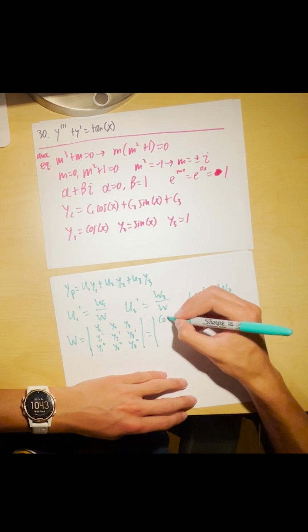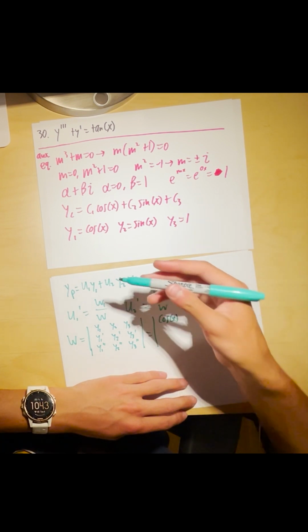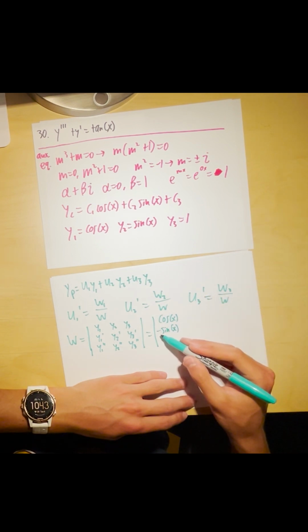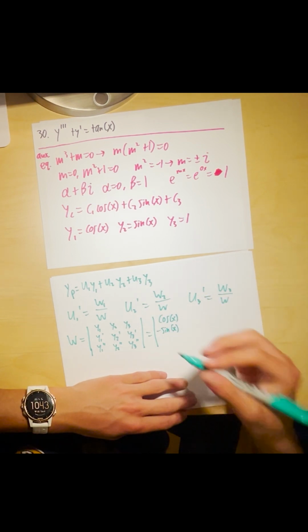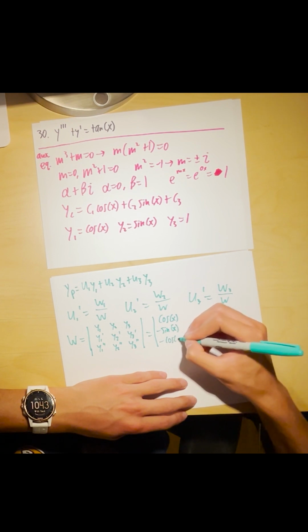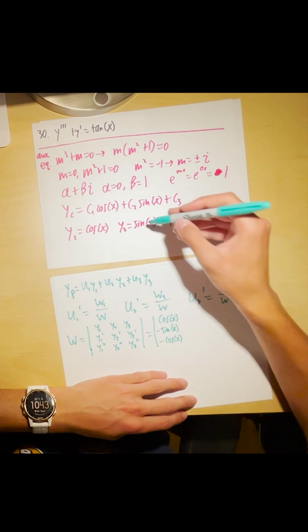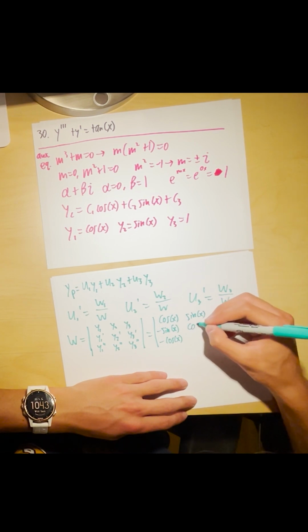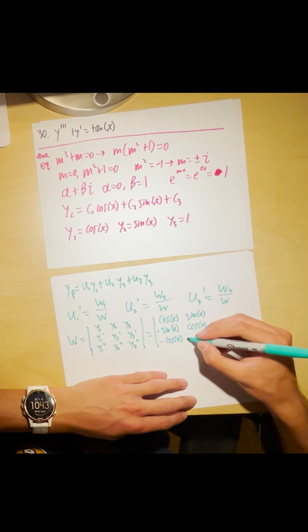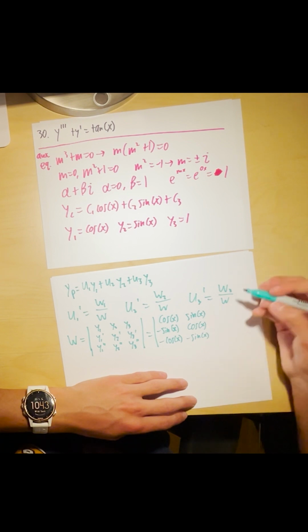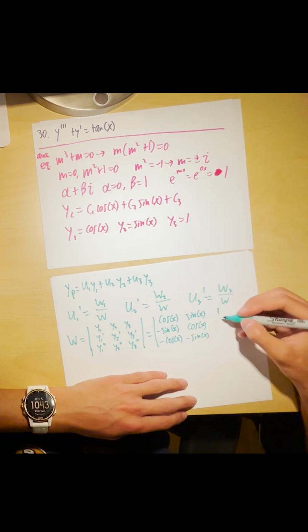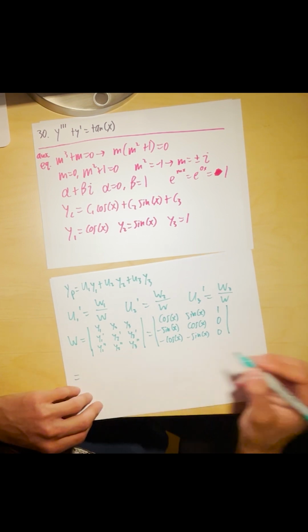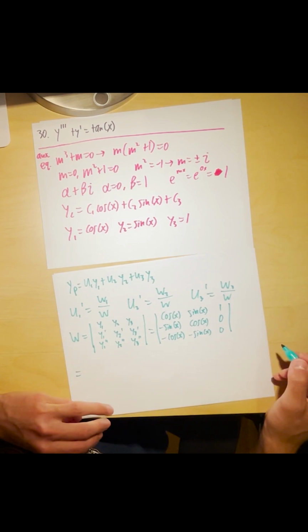So cosine of x, cosine prime is negative sine, and then the derivative of negative sine is negative cosine. Y2, right here, sine of x, derivative of this is cosine of x, derivative of that is negative sine of x, and then 1, derivative of that is 0, and 0.